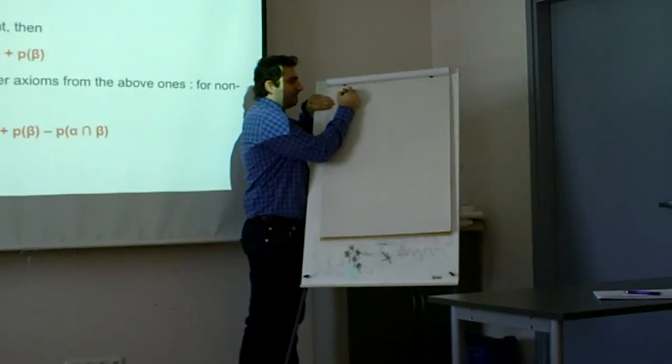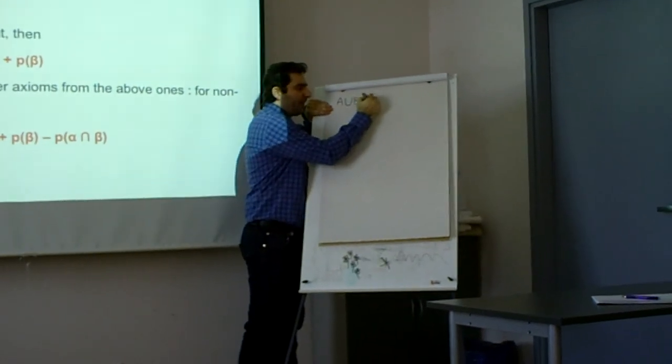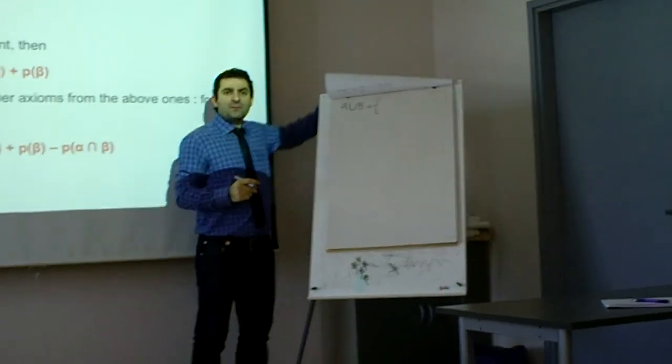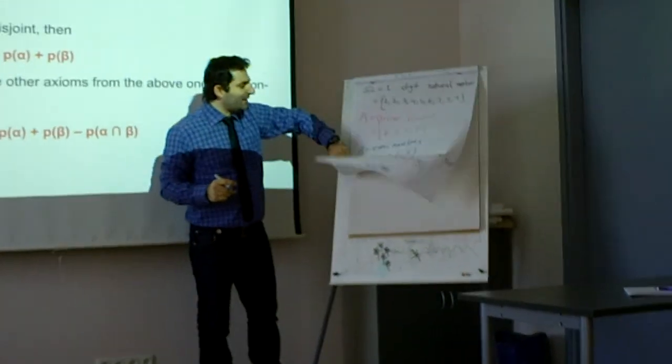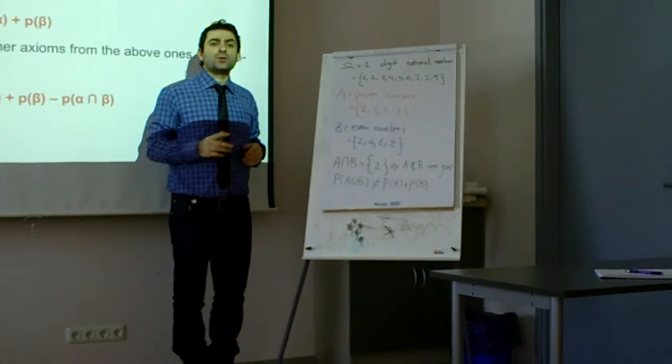A and B, which means it is a prime number and it is an even number together. Can you tell me what those numbers are?